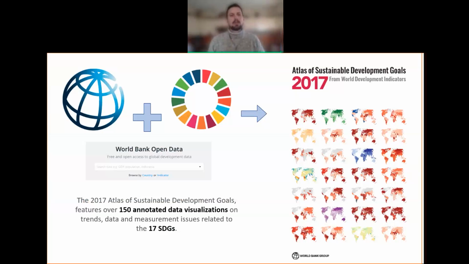And we also had a lot of open data that was in-house also outside the bank that could be leveraged to produce an interesting product to highlight the progress towards the Sustainable Development Goals. So that's when it was decided to put together such a product and to develop the first Atlas of Sustainable Development Goals.